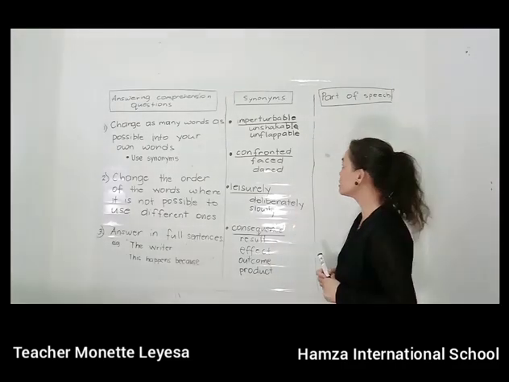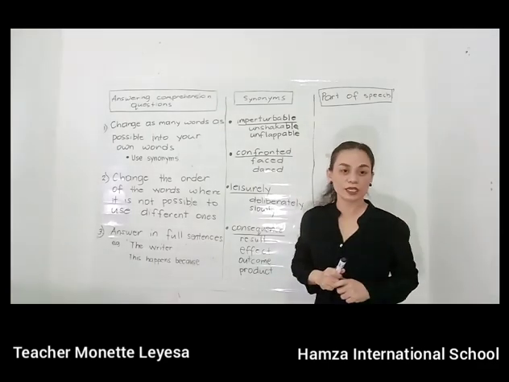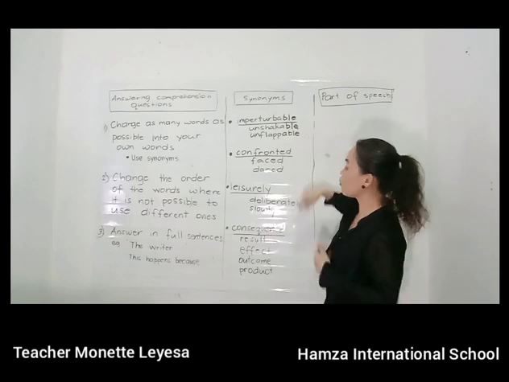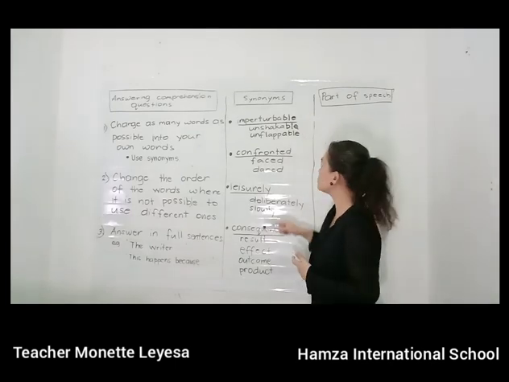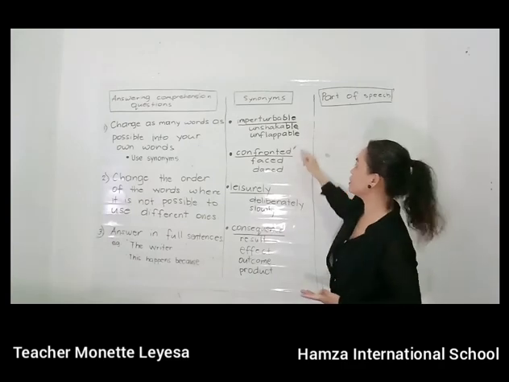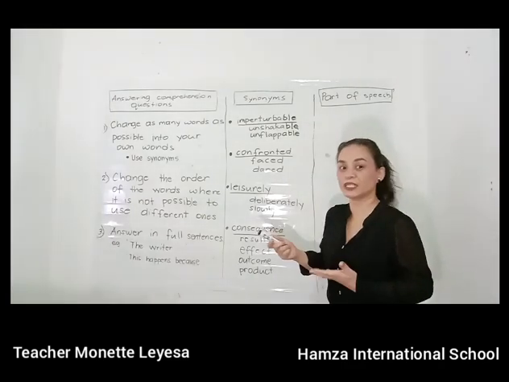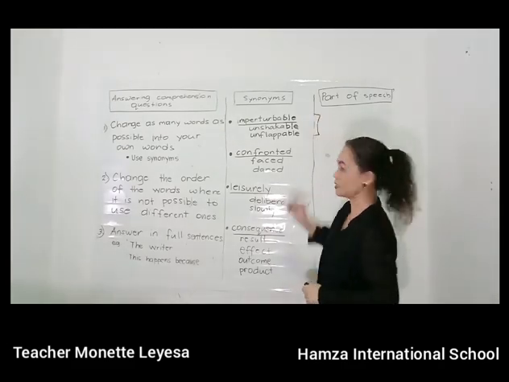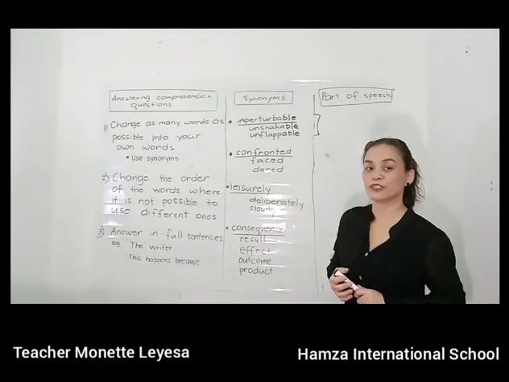The first one is unshakable and the other one is unflappable. These 2, if I want to change the word imperturbable in a sentence, I can use the word unshakable, I can use the word unflappable, and the meaning is still the same. Right? That's the use of synonym.